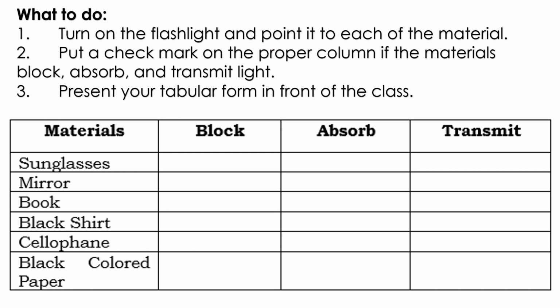What to do? Number 1, turn on the flashlight and point it to each of the materials. Number 2, put a check mark on the proper column if the materials block, absorb, and transmit light. Number 3, present your tabular form in front of the class. So we have here the columns, and all you have to do is you're going to check.